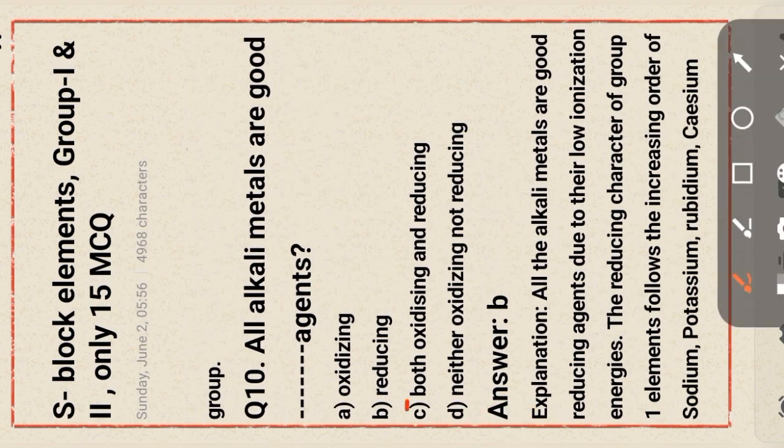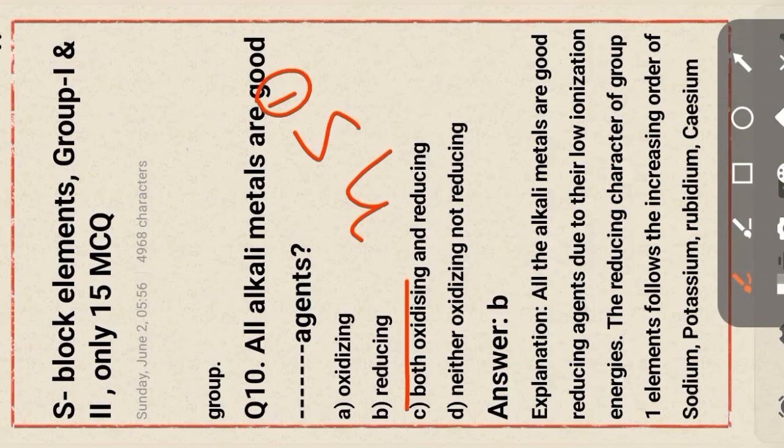Next question, question number 10. All alkali metals are good dash agent, that is, a reducing agent. Alkali metals have the electronic configuration ns1, that is, the outermost shell has one electron, which is very easily removed. That is the reducing agent.